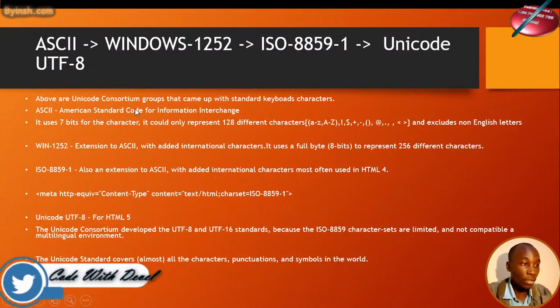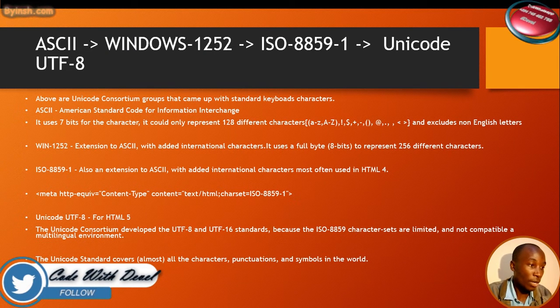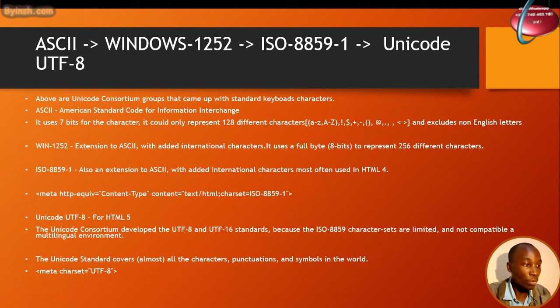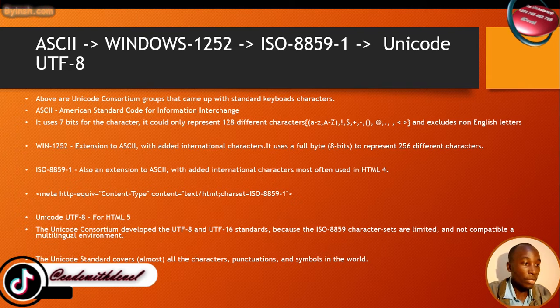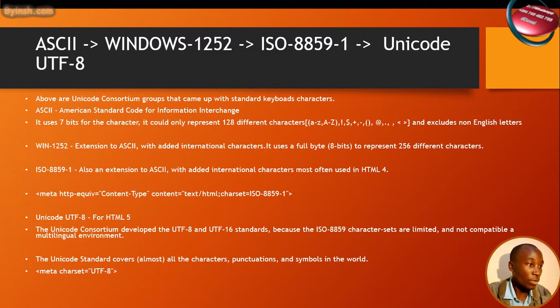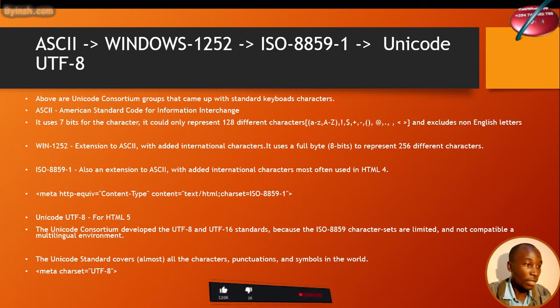This is a brief history of how these character sets have evolved. The group that has been working on them is the Unicode Consortium. They came up with the standard keyboards that we use in our current computers for both operating systems. The first one was ASCII, meaning American Standard Code for Information Interchange.